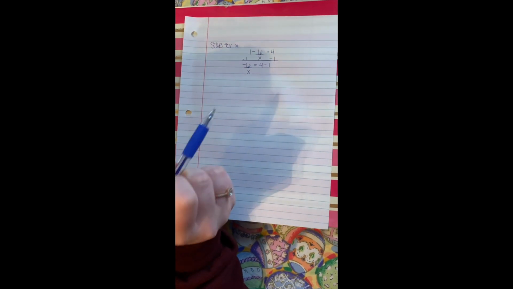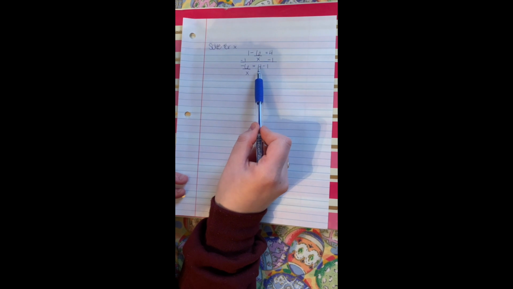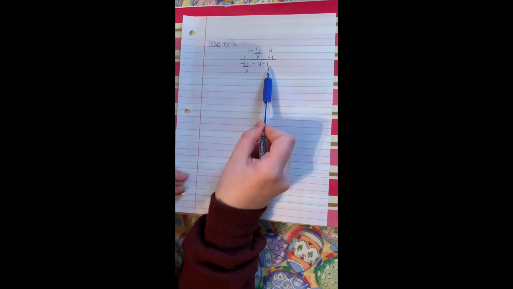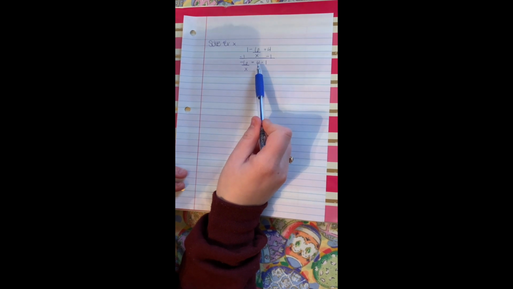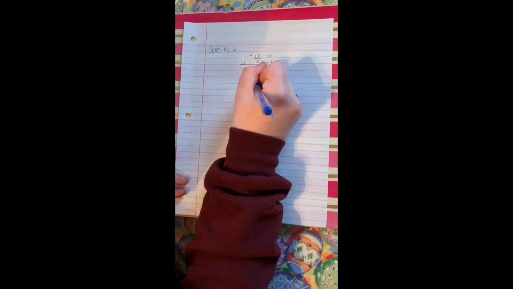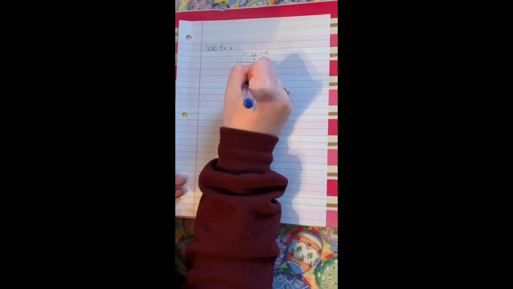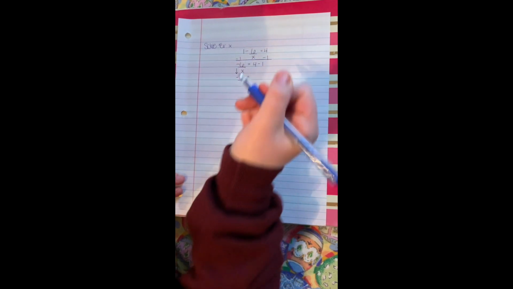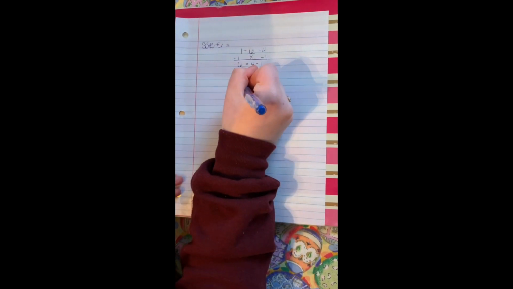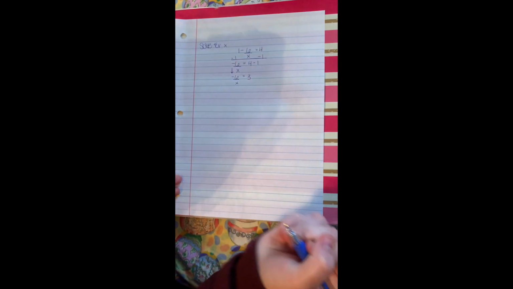Now, as I wrote down, it is now negative 6 over x equaling 4 minus 1. Then you still drop down the negative 6 over x. 4 minus 1 equals 3.